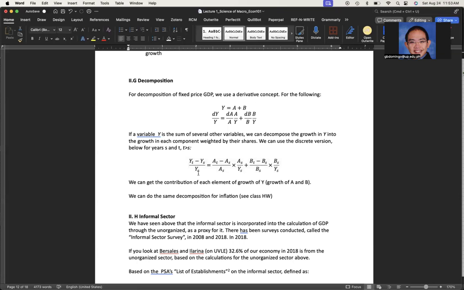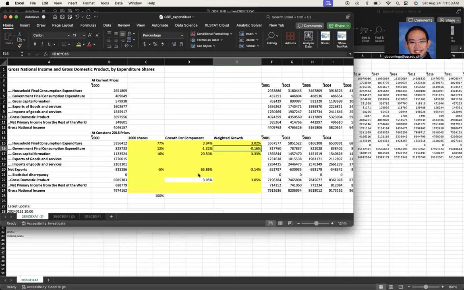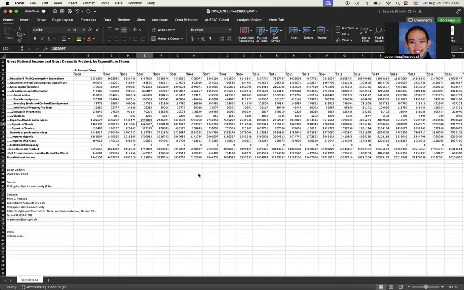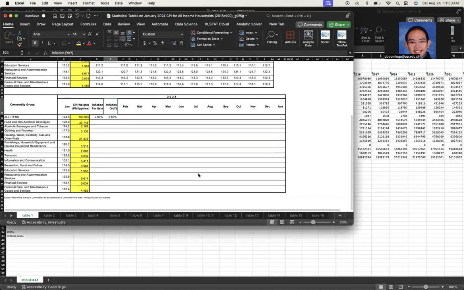Now we'll do the same decomposition for inflation. We'll probably have more of this in the future, but I wanted to show you the same concept can be done for inflation. Okay. So here you've got your CPI weights. So these are your weights in the basket.